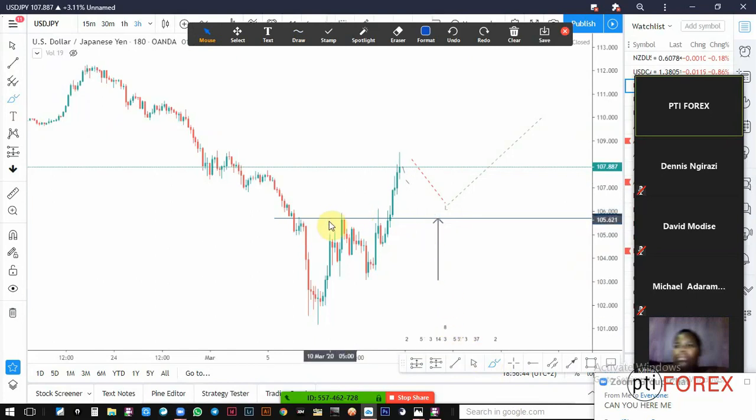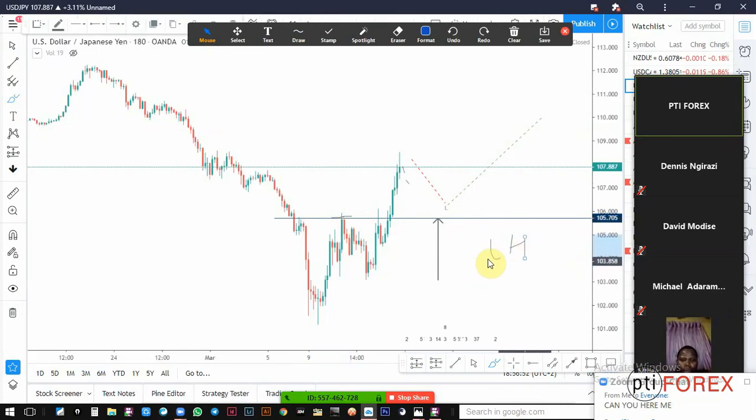So when the market approached this level here, we can see that it didn't form a lower high. The high that it formed was equal to this previous one. Or if we consider this part as a high, we can say that this one was higher than the previous one. Okay, let me continue with those tools.